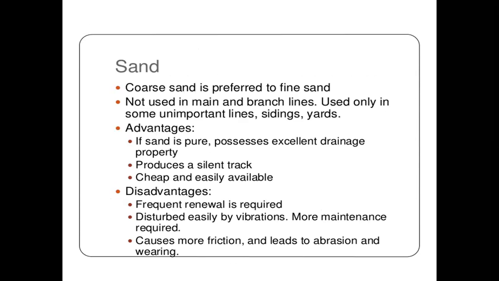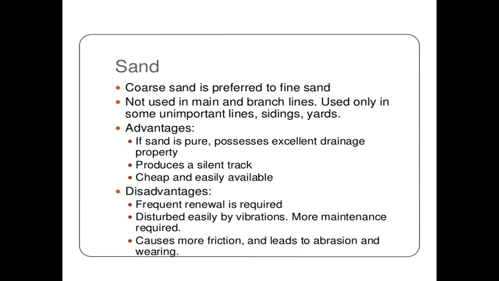Sand. Coarse sand is preferred to fine sand. This is not used in main branch lines, only in some unimportant lines, sidings, and yards. The major advantages of using sand as a ballast are: if the sand is pure, it possesses excellent drainage property, produces a silent track, and is cheap and easily available.